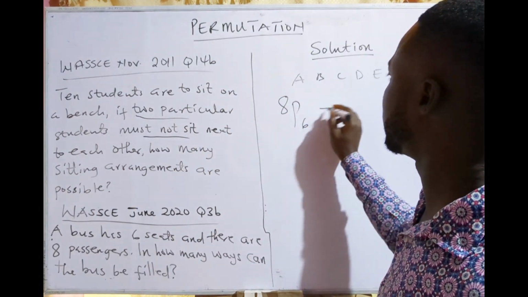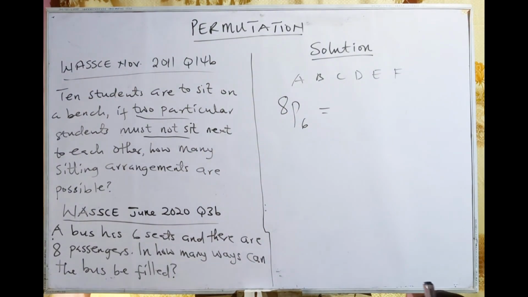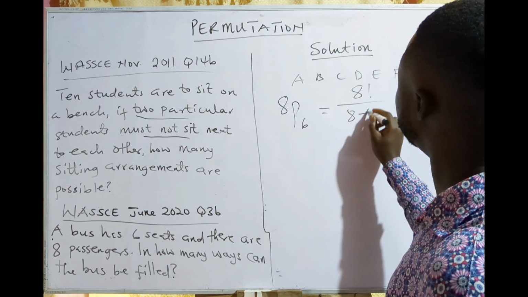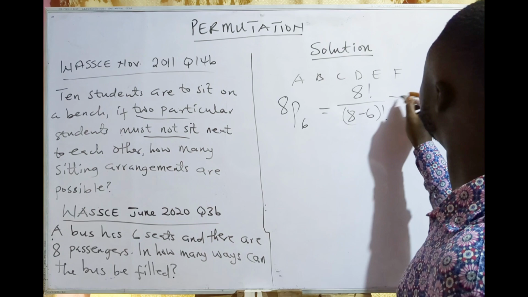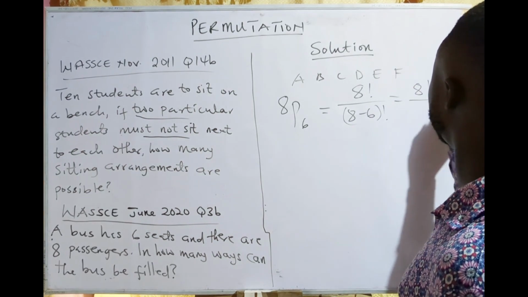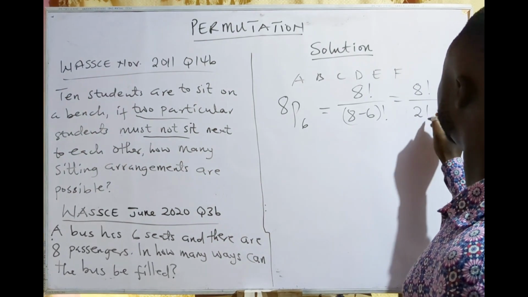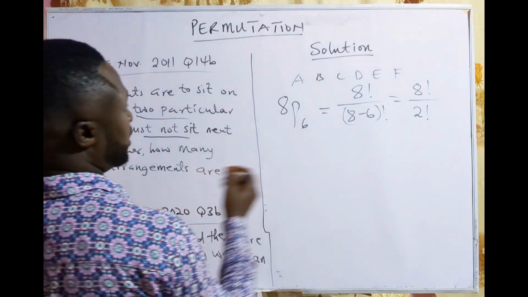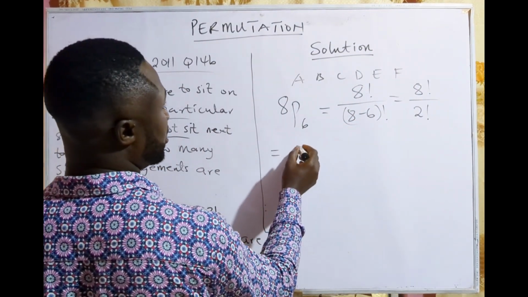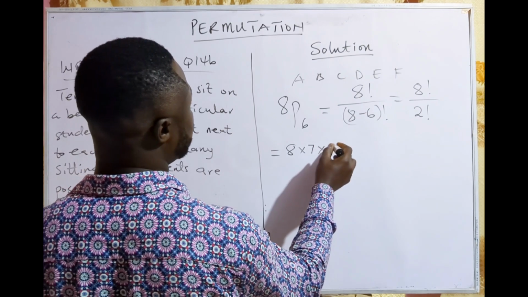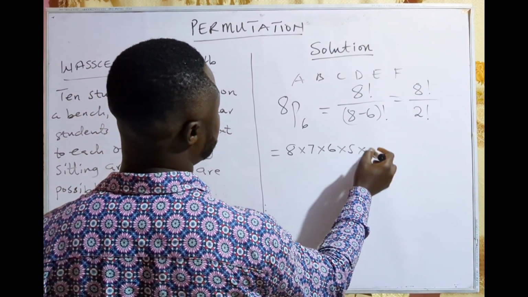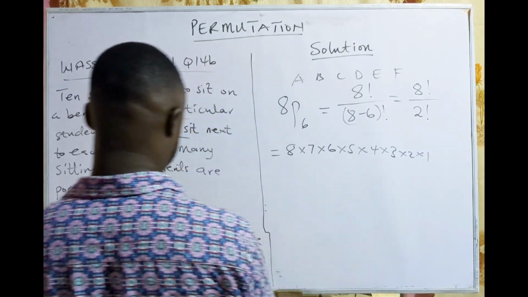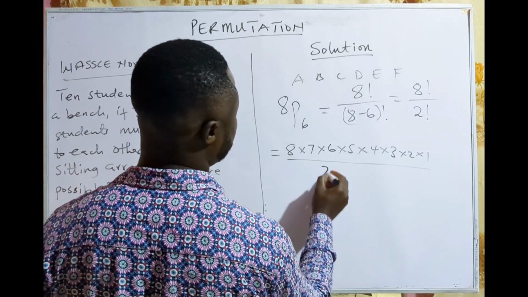So it means there are 8 passengers, and we are taking 6. So that becomes 8 permutation 6, which is 8 factorial divided by 8 minus 6 all factorial. That will be 8 factorial divided by 2 factorial. And this will be 8 times 7 times 6 times 5 times 4 times 3 times 2 times 1 all over 2 times 1.